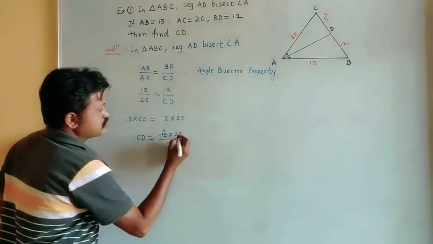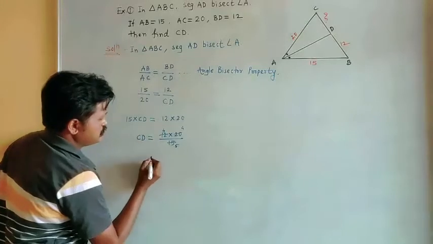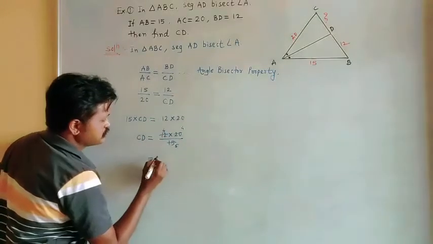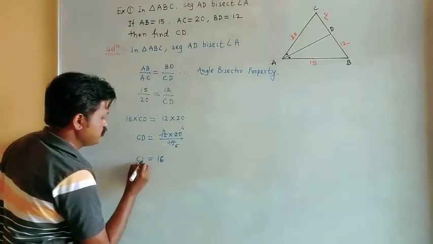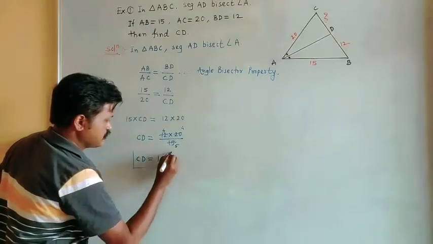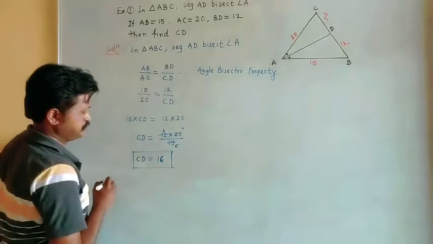And 5 divides 20, giving 4. So 4 into 4 is 16. That is the value of CD.